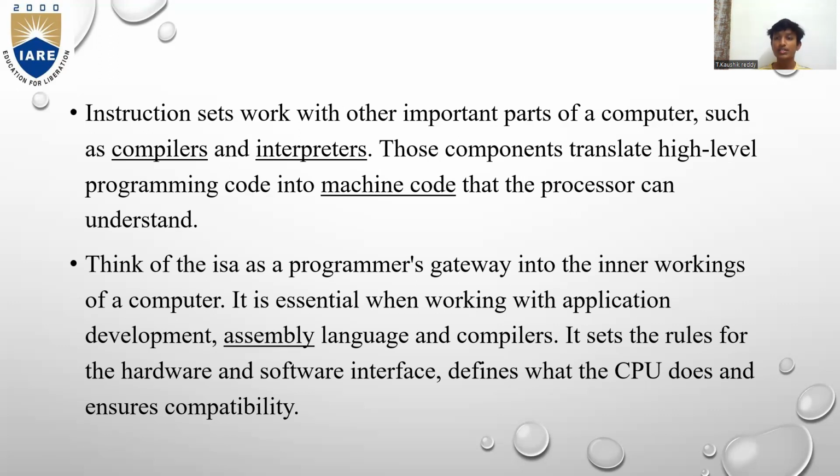Those components translate high-level programming code into machine code that the processor can understand. Think of ISA as a programmer's gateway into the inner workings of a computer. It is essential when working with application development, assembly language, and compilers. It sets the rules for the hardware and software interface, defines what the CPU does, and ensures compatibility.